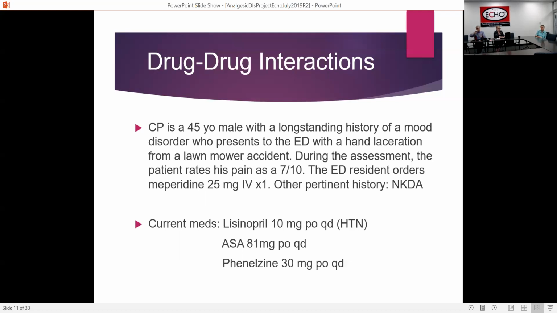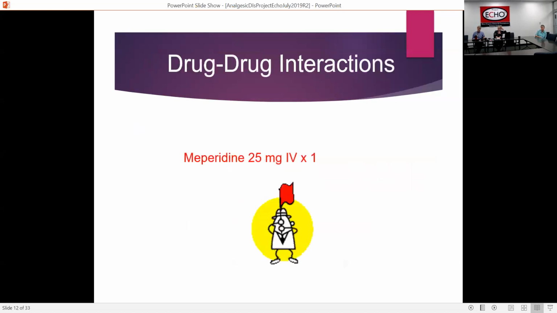But I'm going to try to give you a look at a classic drug-drug interaction when it comes to opioids. So the only thing pertinent to the history is the current meds. The person takes lisinopril for hypertension, aspirin, and Phenelzine. Everybody knows that Phenelzine is an MAOI, okay? So there is a red flag here.